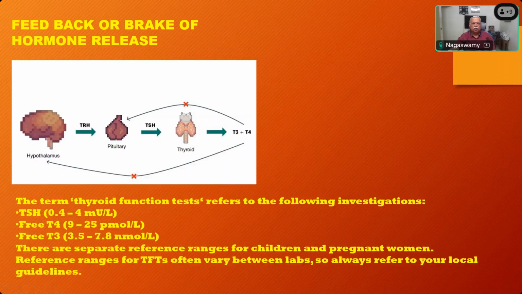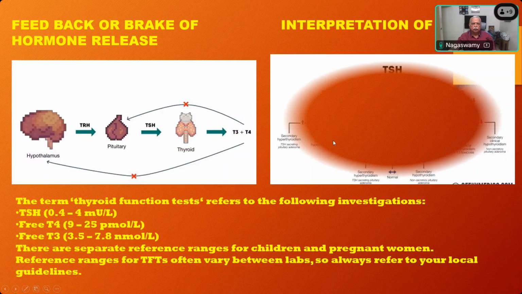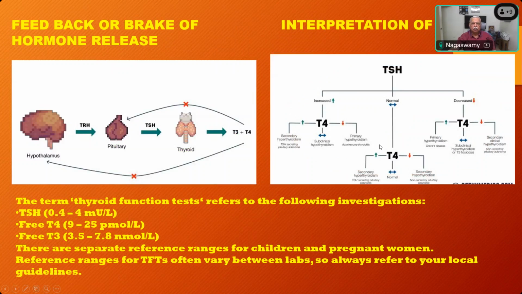So this is the normal feedback mechanism which all of you would have studied in your physiology days. And how to interpret the thyroid function test, the TSH value, either normal or increased or decreased. An increased value indicates there is hypothyroidism. To stimulate the gland, TSH will increase. And it can be normal only if the pituitary is also affected.